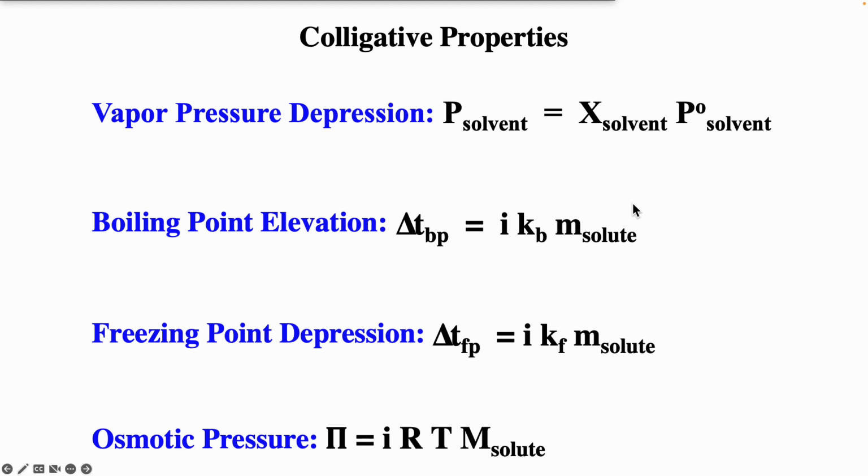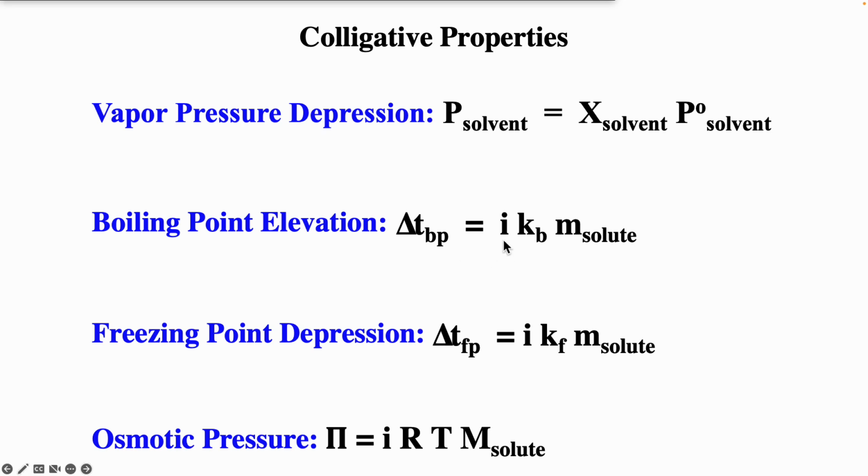It's also interesting that for boiling point elevation and freezing point depression, this constant K depends on the solvent, not the solute. So nowhere in these equations do you see the identity of the solute. All that matters for boiling point elevation and freezing point depression is the identity of the solvent.